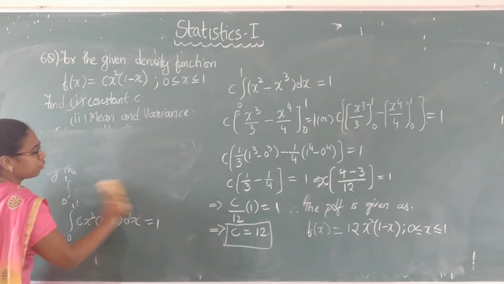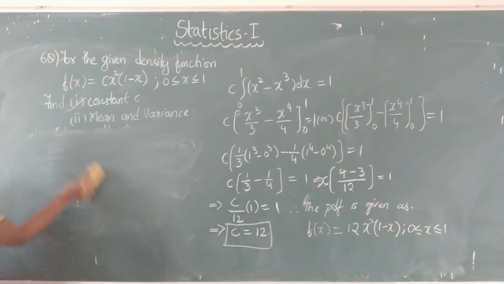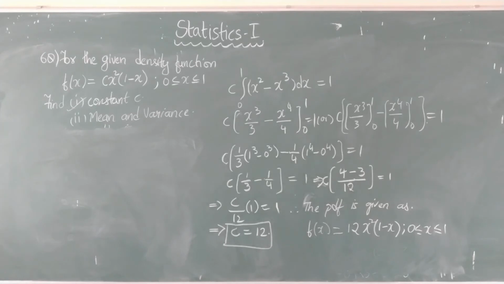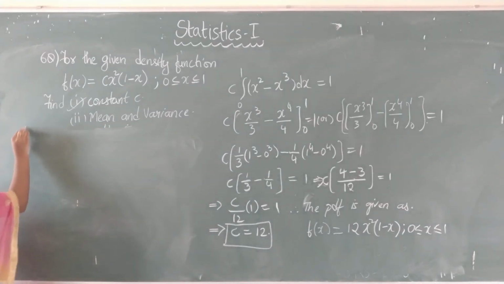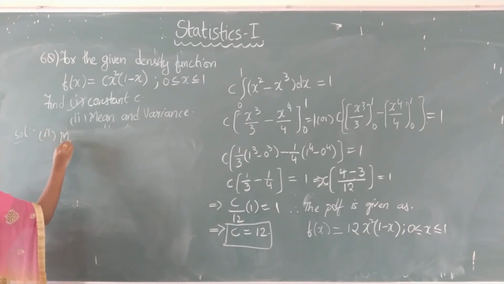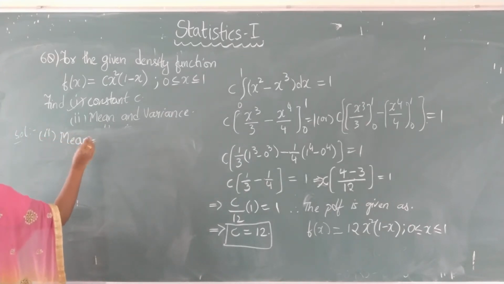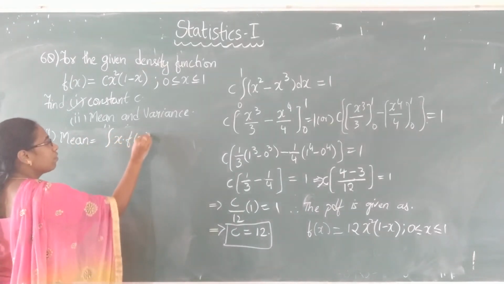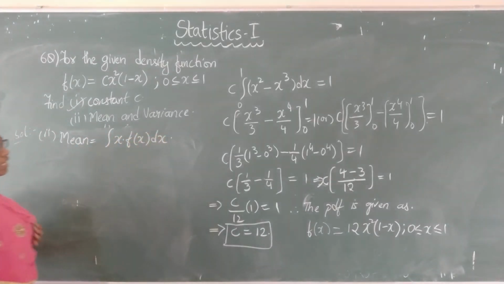Mean equals integral of x into f of x dx. Now coming to the second part, we have the mean formula. Mean equals integral of x into f of x dx. What is the f of x value? 12 x squared into 1 minus x.